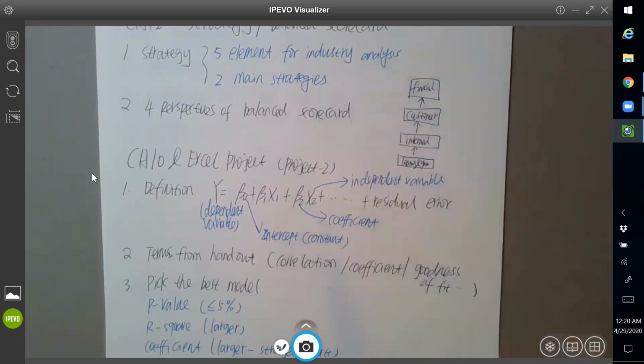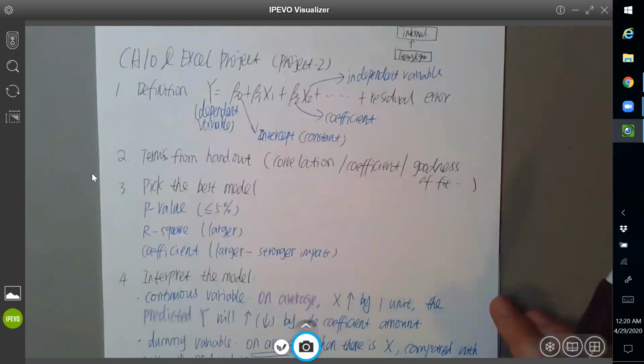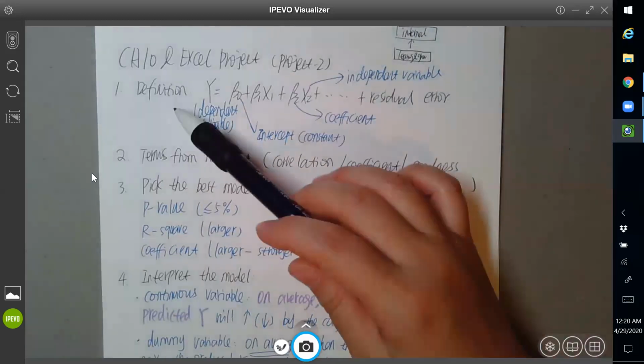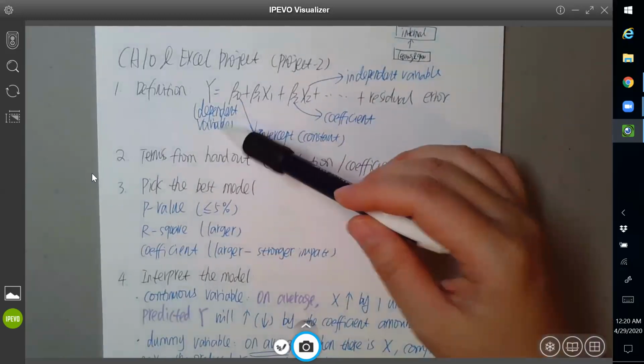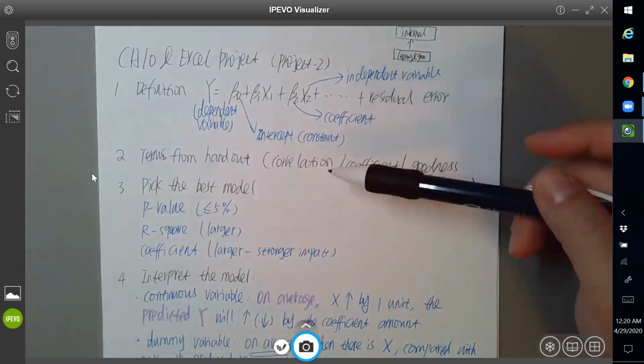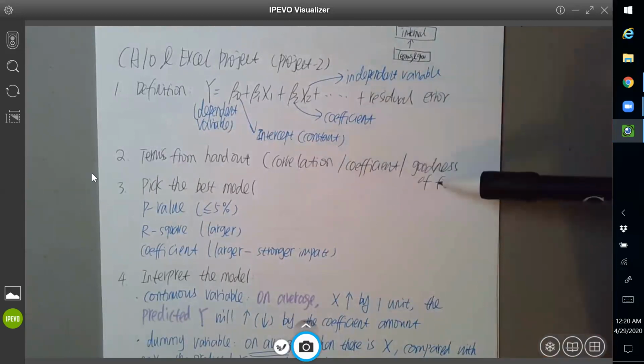Chapter 10, the Excel project 2. One more time, you should know the meaning of the definitions, what's the meaning of dependent variable, independent variable, coefficient, correlation coefficient, goodness of fit, those things. If you already did the handout, the quiz actually, you should be able to get those multiple choice questions.